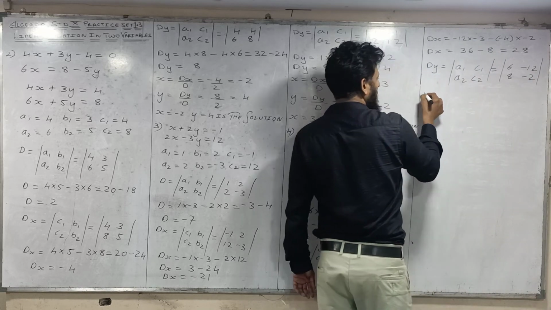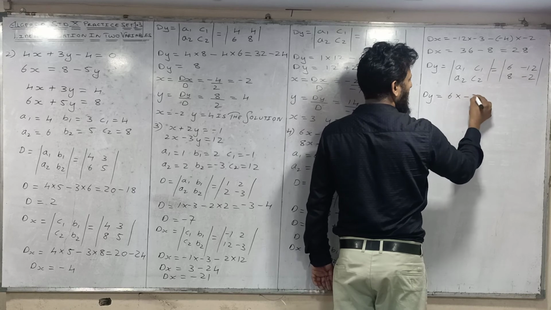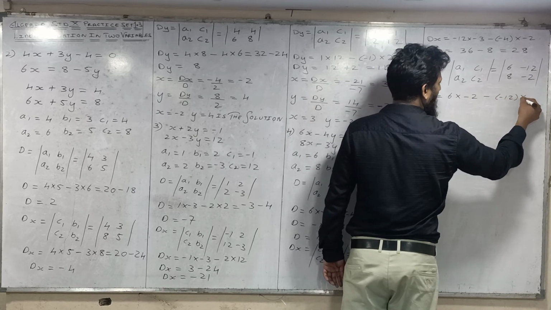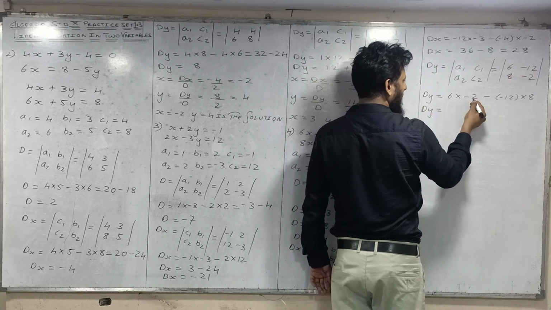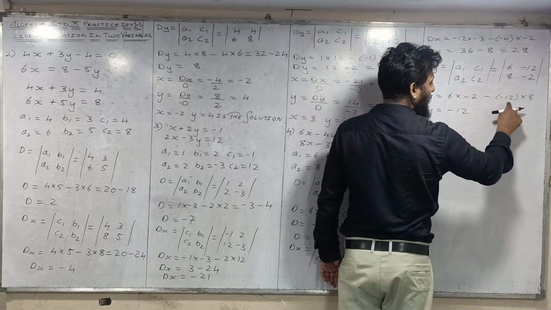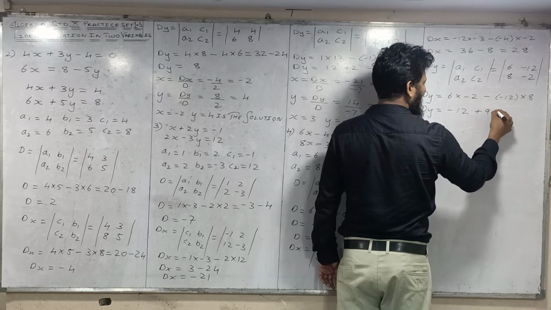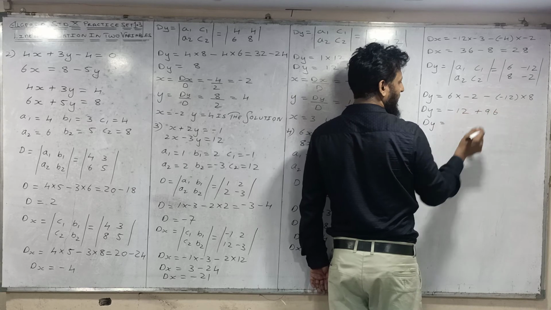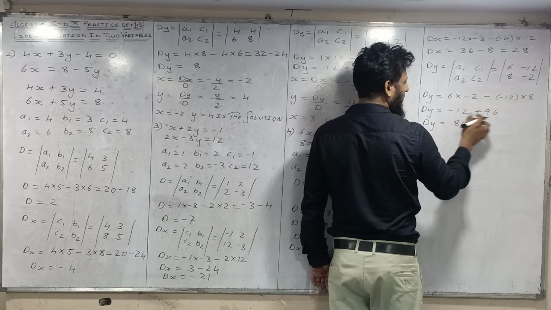Now dy is equal to 6 multiplied by minus 2, put the minus sign, then minus 12 multiplied by 8. So dy is equal to minus 12 plus 96, since 12 eights are 96. So subtract 12 from 96.